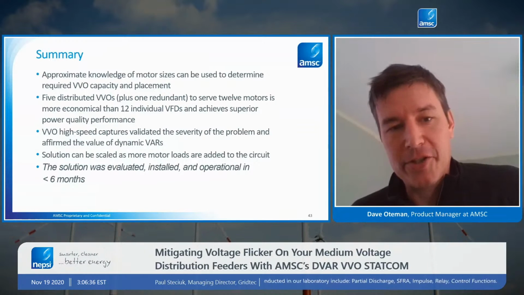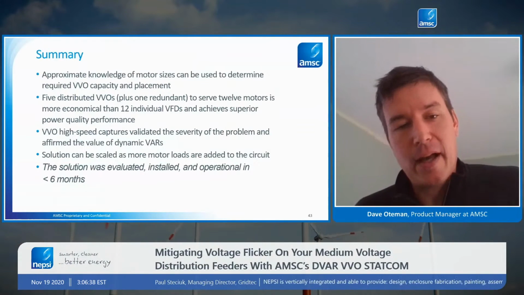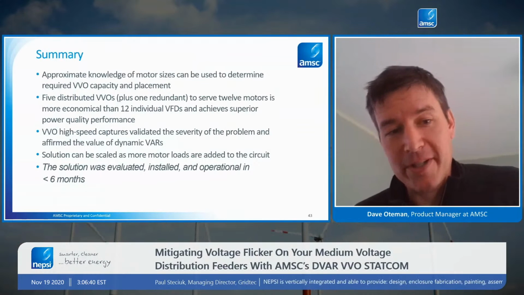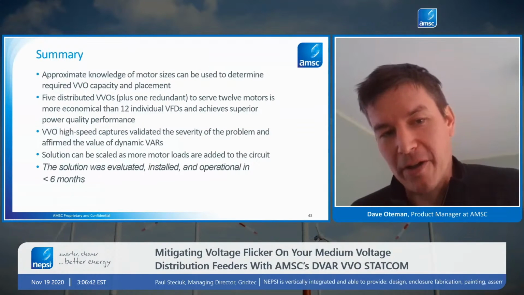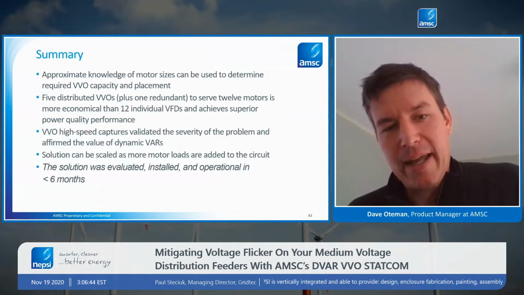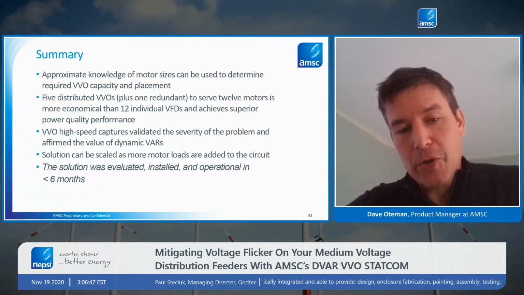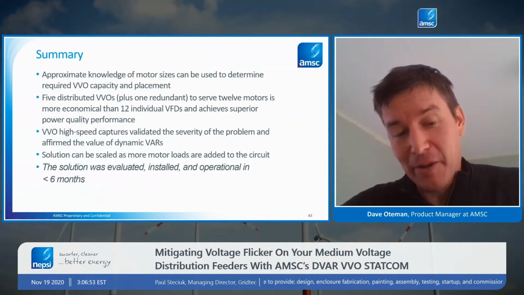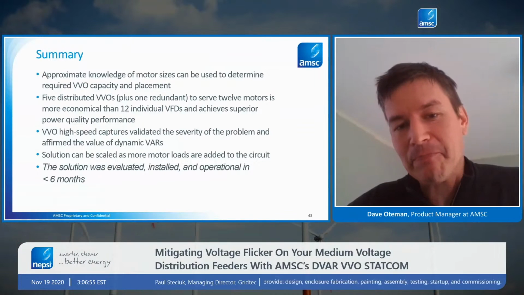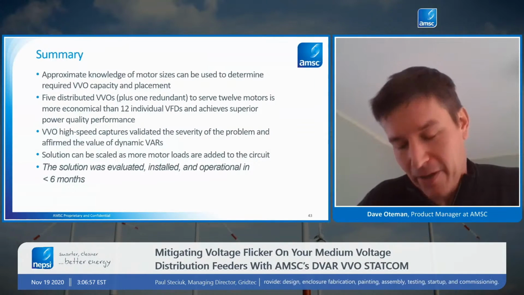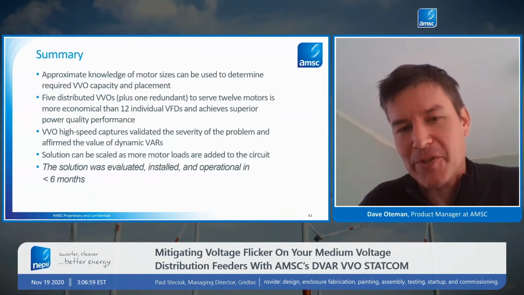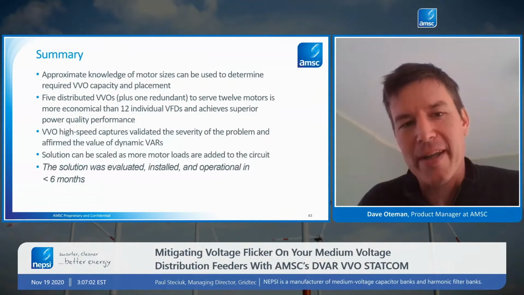The distributed DVAR VVOs were a nice solution for this customer because they could be installed on the existing feeder and cover the distributed nature of the motors, as well as the fact that the customer did not want to have time restrictions on when any motor could start.